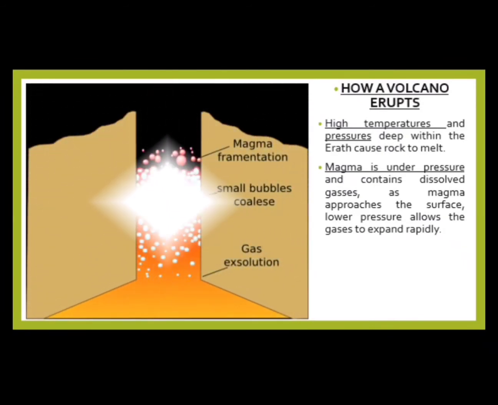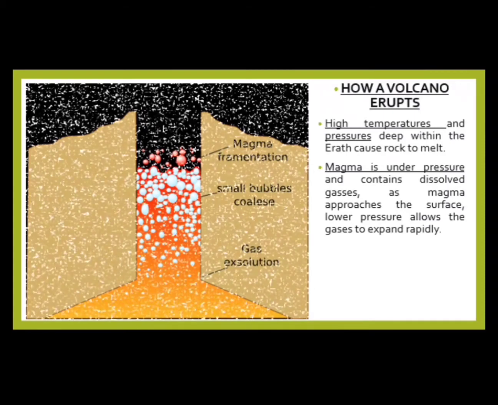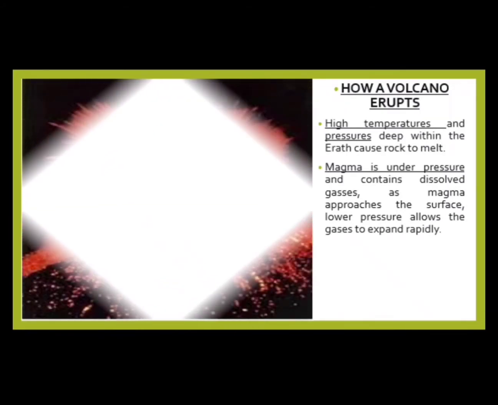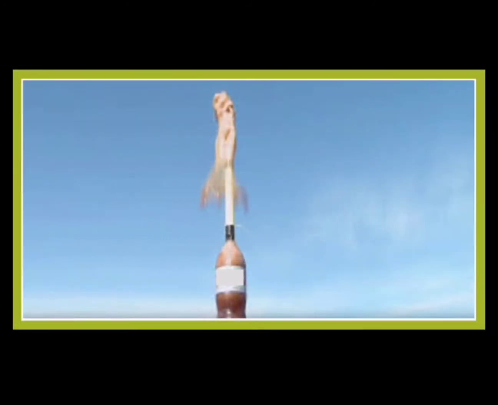As magma approaches the surface, lower pressure allows the gases to expand rapidly. An eruption occurs when the gas bubbles out through a crack in the crust, propelling magma to the surface. The process is similar to when you quickly open a bottle of soda that has been shaken.